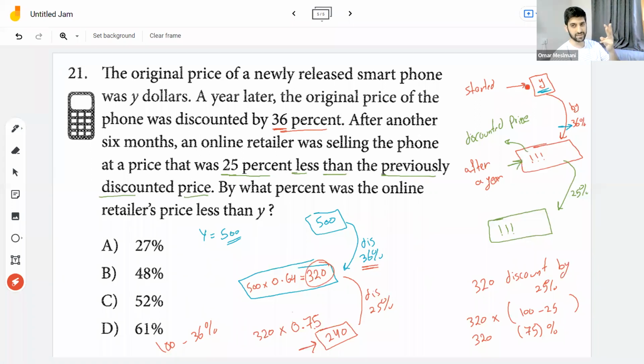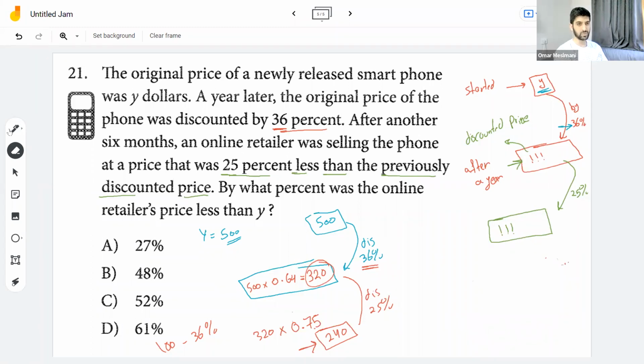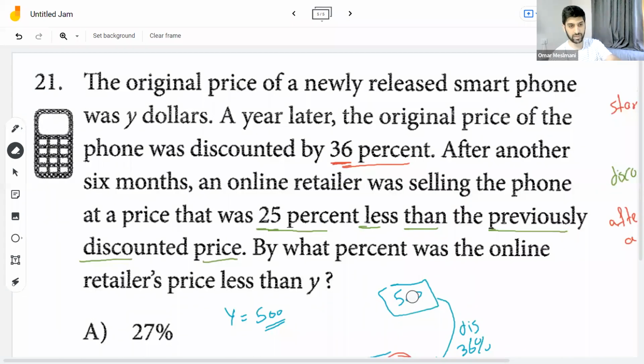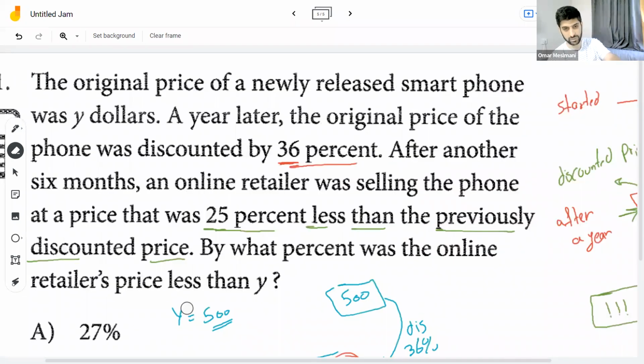The first price, the original price, then the discounted price, then the third one, which is the online price. And now, after doing all of that, he's telling you that I'm trying to compare between the original price, which I assume to be 500, yes, by what percent was the online price less than the Y, which is the original price.